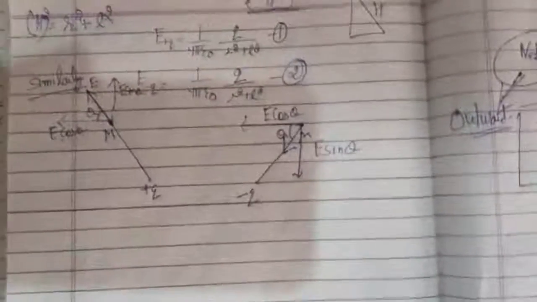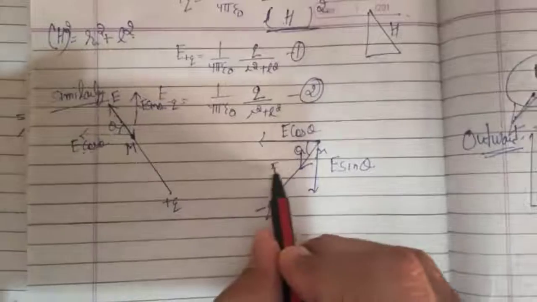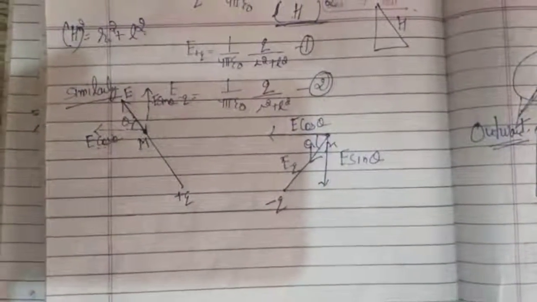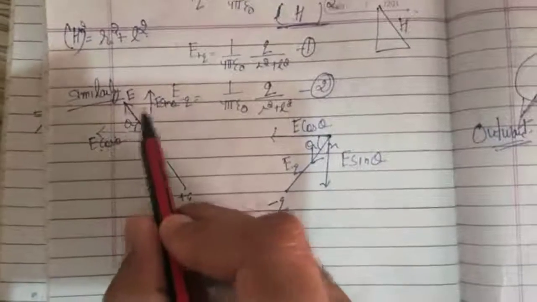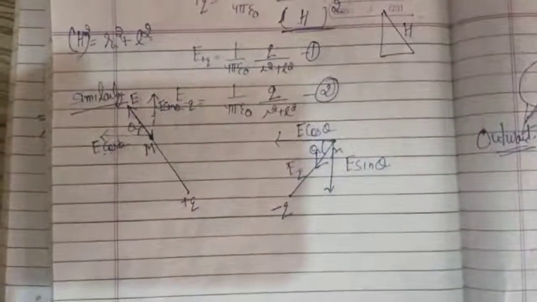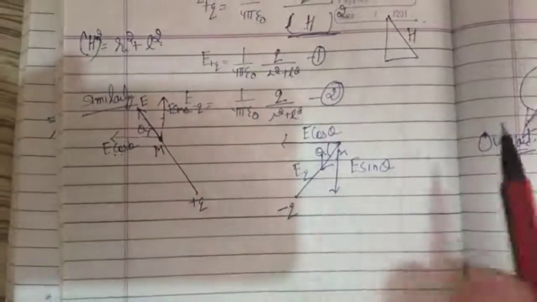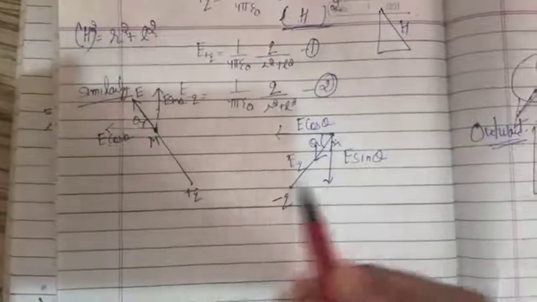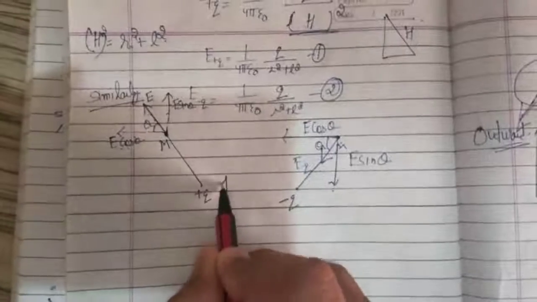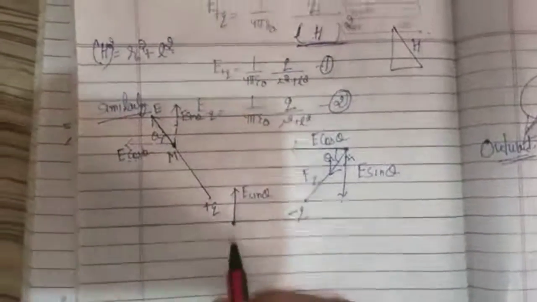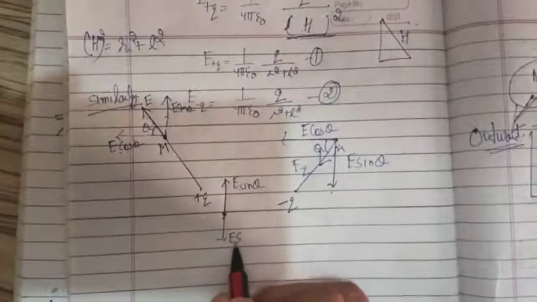So these are the two components due to E minus Q. We are doing the vector concept, dividing the resultant into two parts. So this E sin theta is in the upward direction and this E sin theta is in the downward direction.